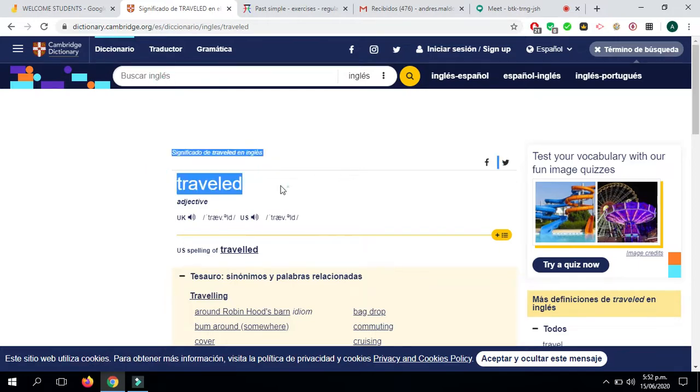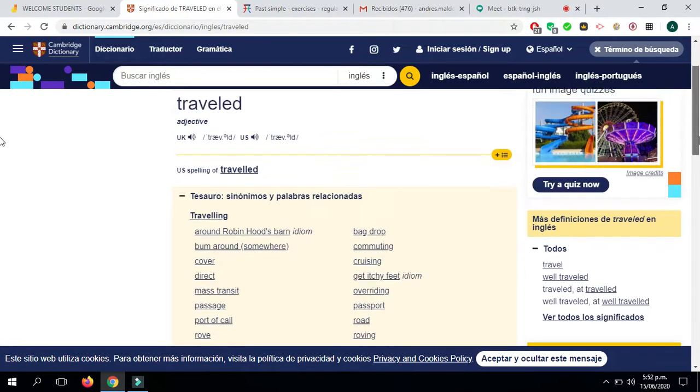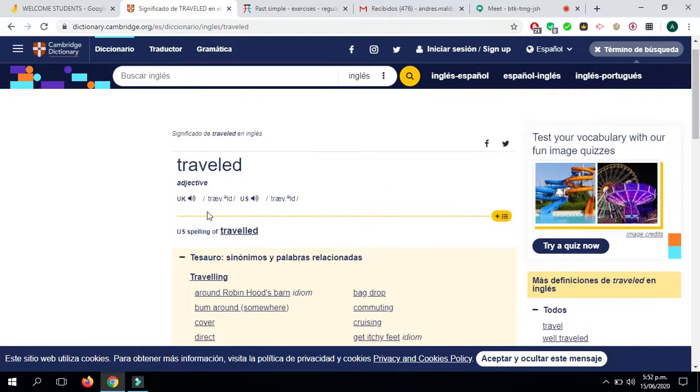It is conjugated, it's a regular verb, it's in past tense, está en pasado, it has ed. In Cambridge Dictionary, guys, it's really important because you can find the definition, the word, the translation, but also in this part you can click and listen to the pronunciation and you can improve. For example, look, in Cambridge you can do this, you may click and listen.